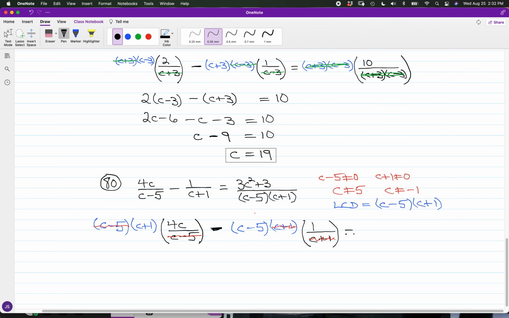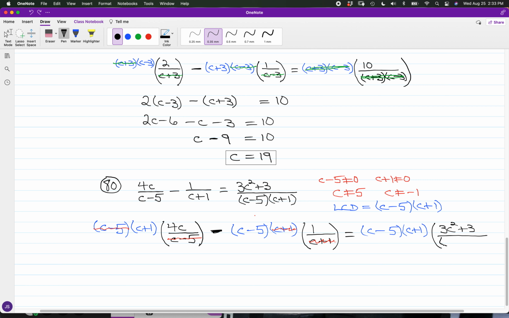Now for what we have on the right, for the last ratio, you're going to have c minus 5 and c plus 1 to cancel. So you got c minus 5 times c plus 1.